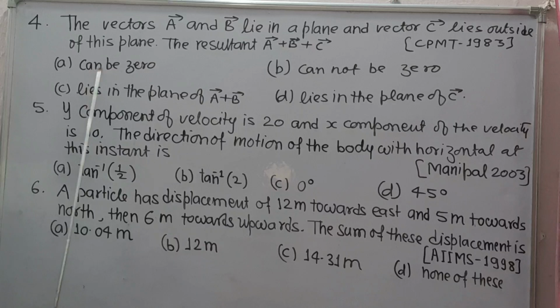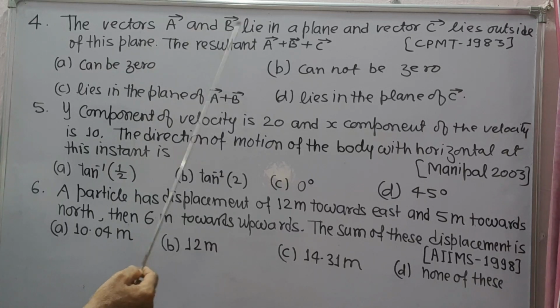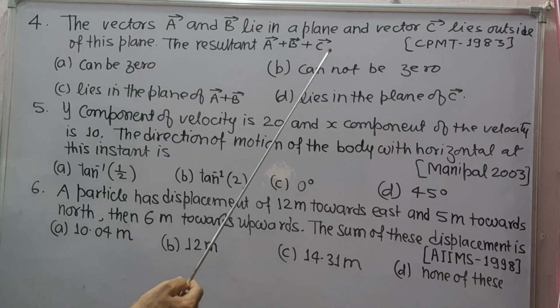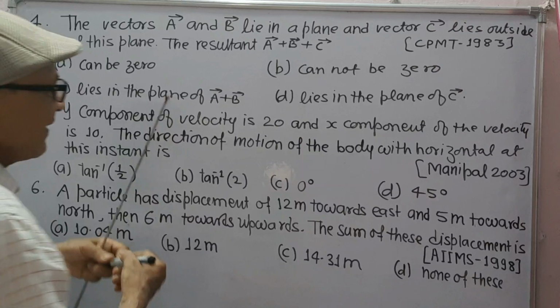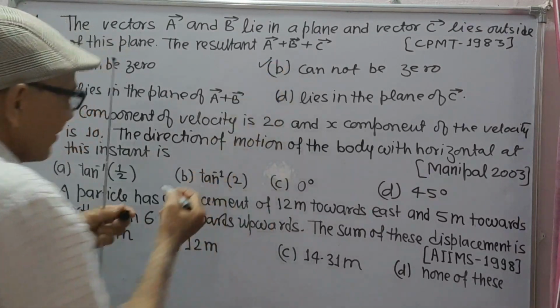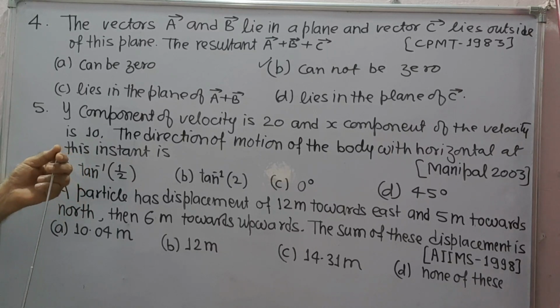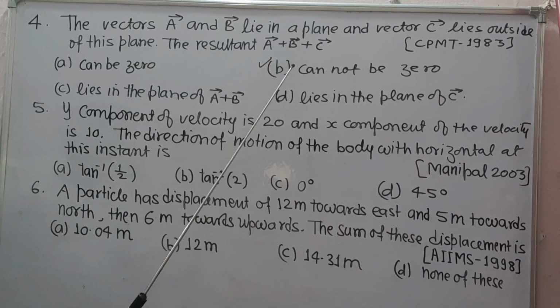So this option is not correct because A and B are in one plane and C is out of plane. This cannot be 0. Non-coplanar vectors give 0 resultant only when there are 4 vectors. Therefore, the correct option will be B.